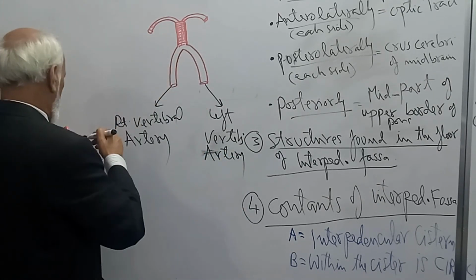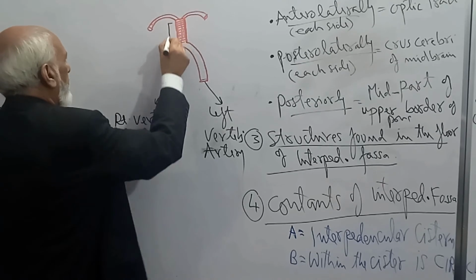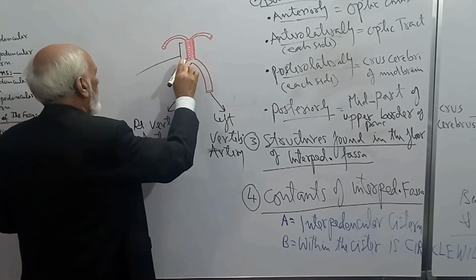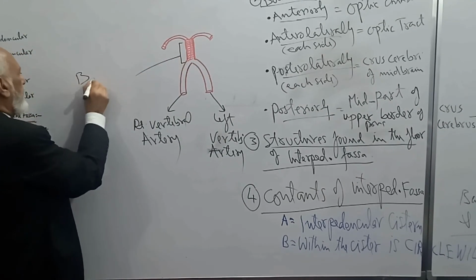These two join together to form a single trunk known as the basilar artery.